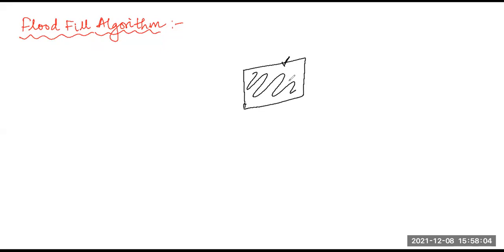If the old color is there and the current color is not there, it will simply fill that pixel with the current color. That's it. It won't check for the boundary colors. So this algorithm will run for differently colored boundaries because it will only see whether the inside region is red or not. If the inside region is not already red, it will fill it with red. That's it. Simple thing.